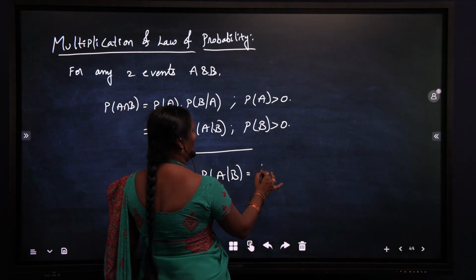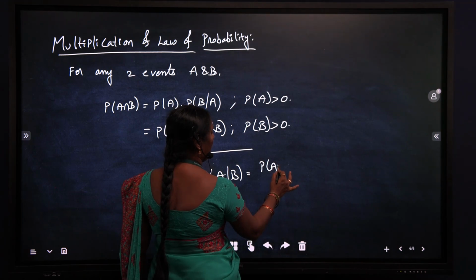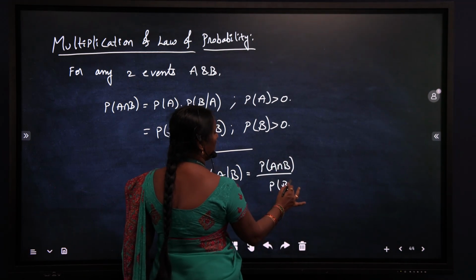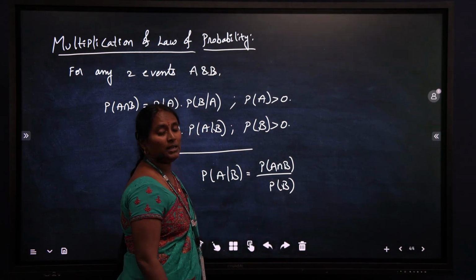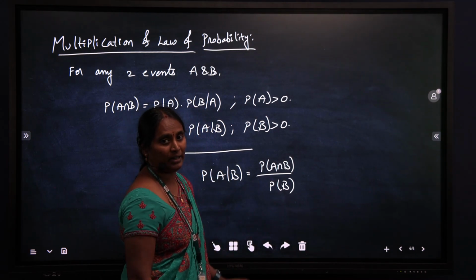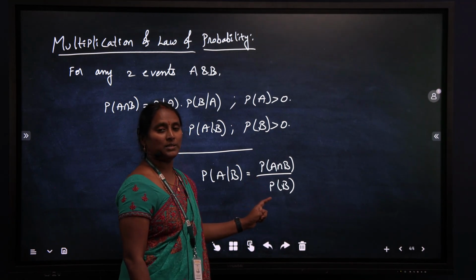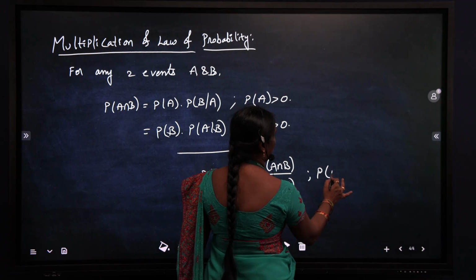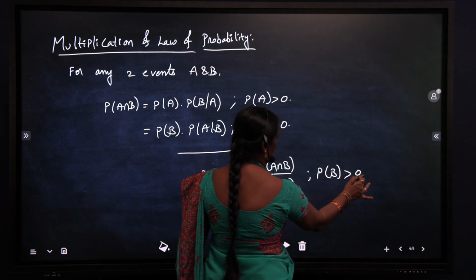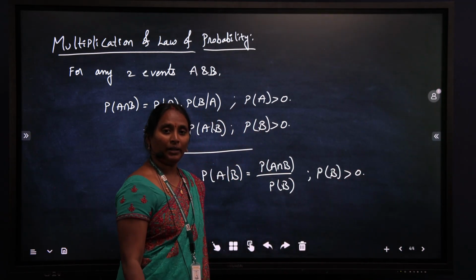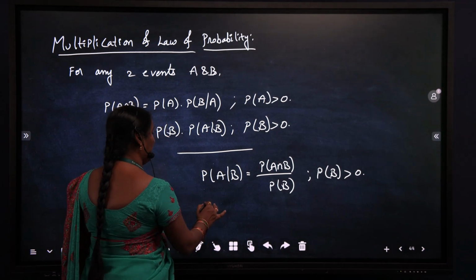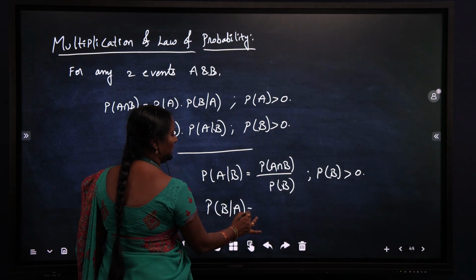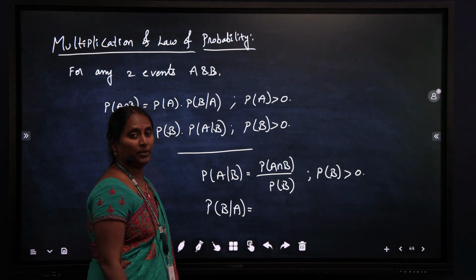So we write P of A given B is equal to P of A intersection B by P of B. It means that the event B has already happened. Whatever event has already happened, we write it in the denominator, so P of B is greater than 0. In the same way, if event B is said to be conditional, it means that the event A has already happened.